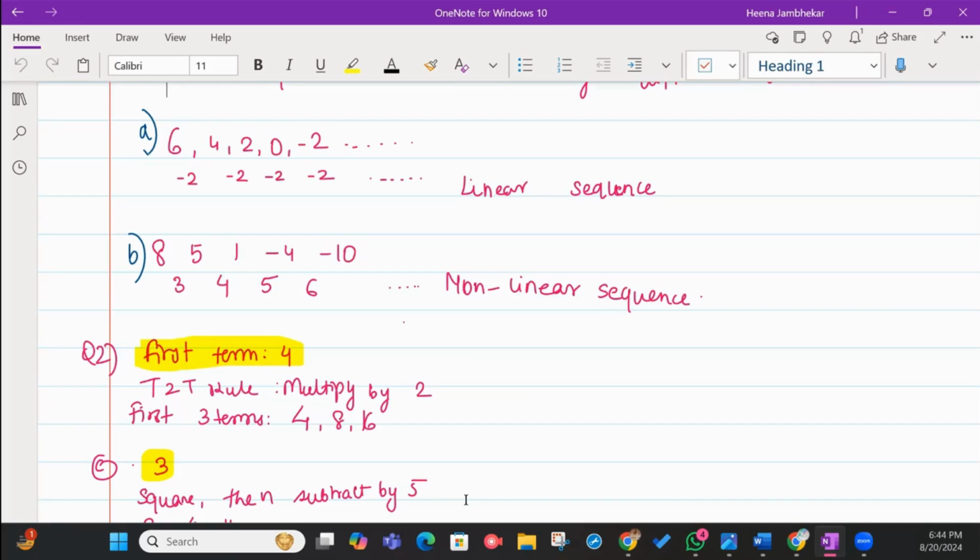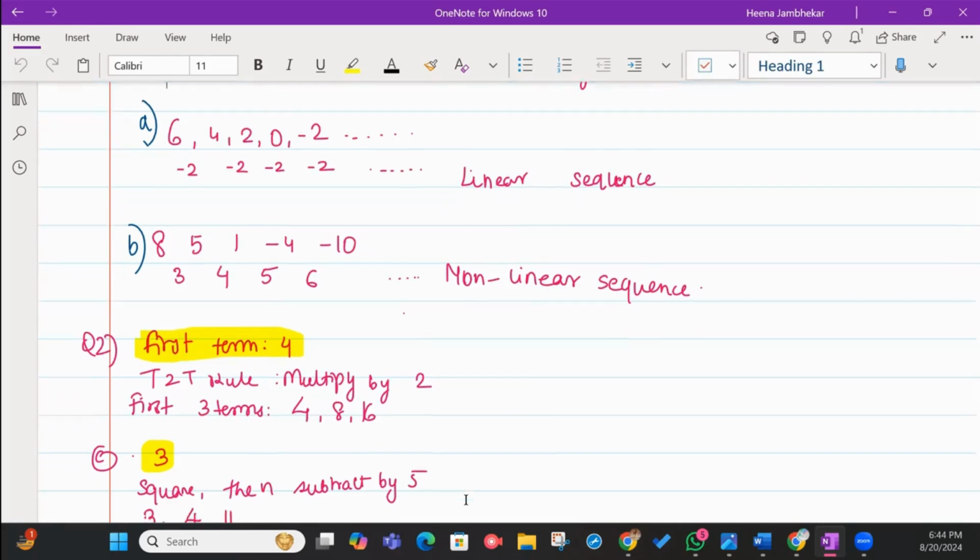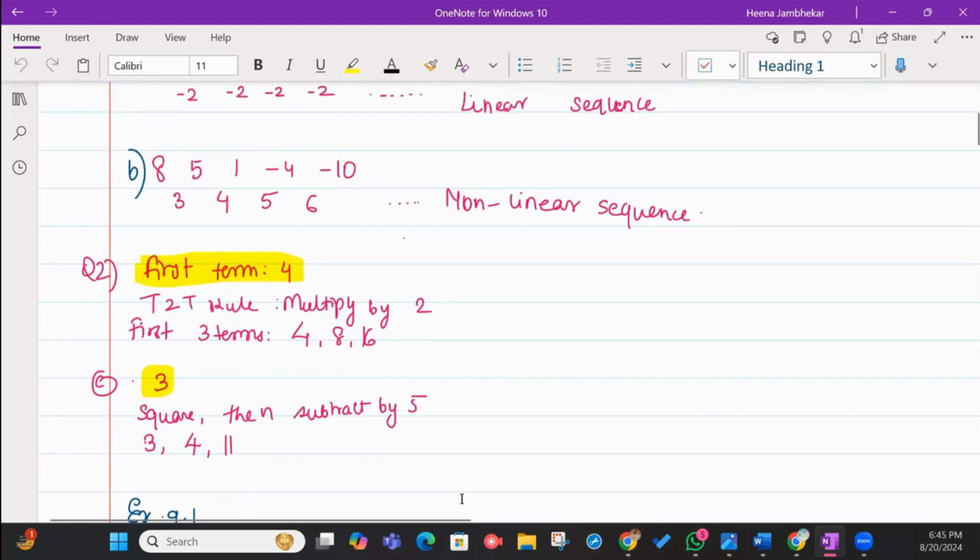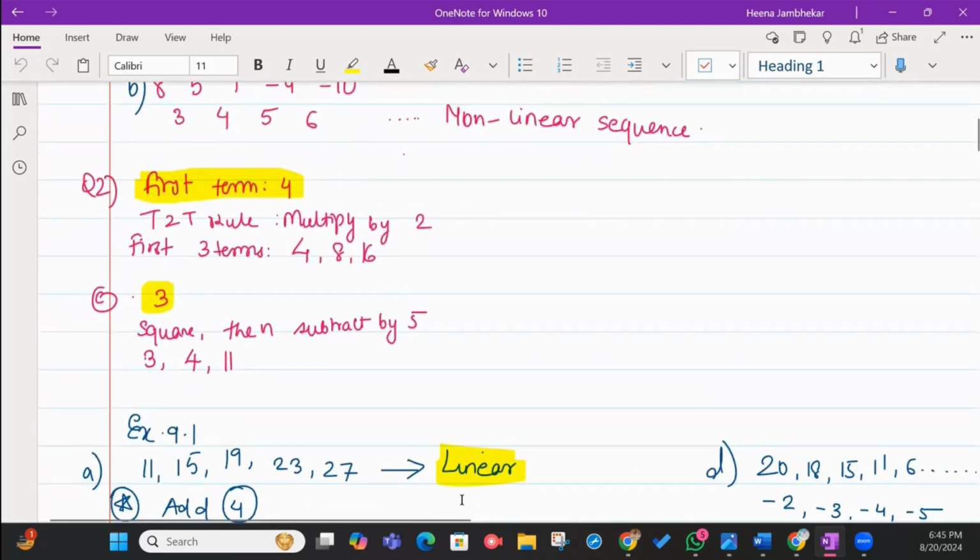So your first term is going to be 3, comma, it will be what? 3 square, that is 9. 9 minus 5 will give you 4. Then what will you do? 4 square, that gives you 16. And 16 minus 9 will give you. So your answer is going to be 3, 4, and 10. Are we understanding this? Chalo.